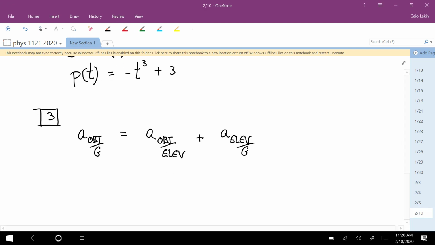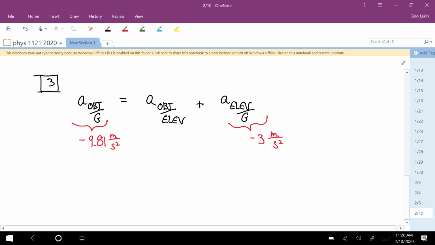Depending on what you called your positive direction, these accelerations could have been positive or negative, but this object is in free fall, and that means it has free fall acceleration. It says that the elevator has a downward acceleration of 3 meters per second squared. So that would be negative 3 meters per second squared. And this is the one you're solving for.